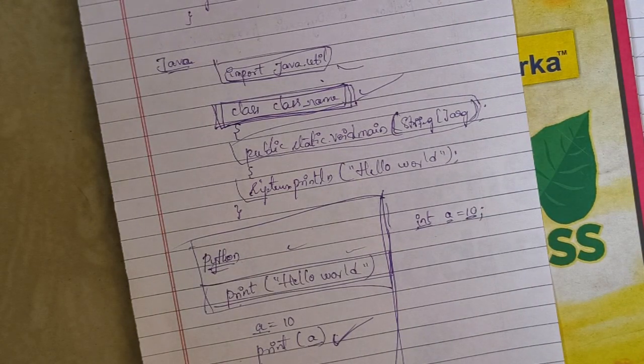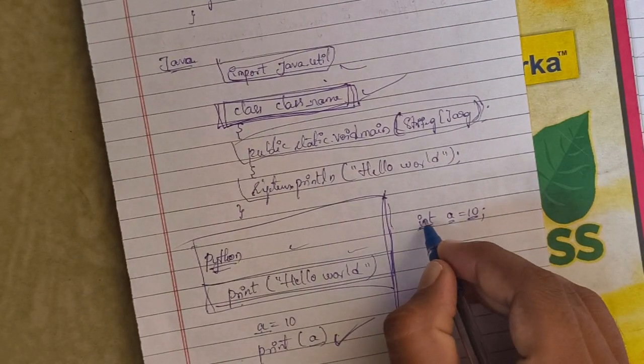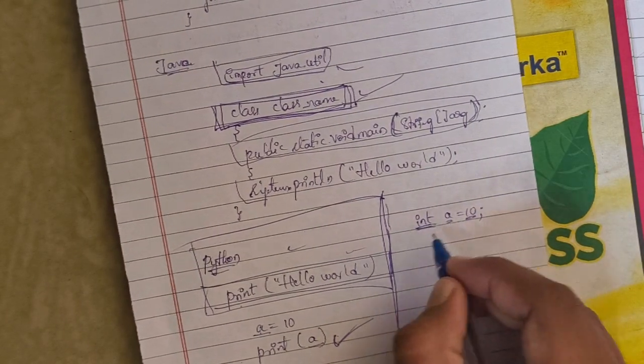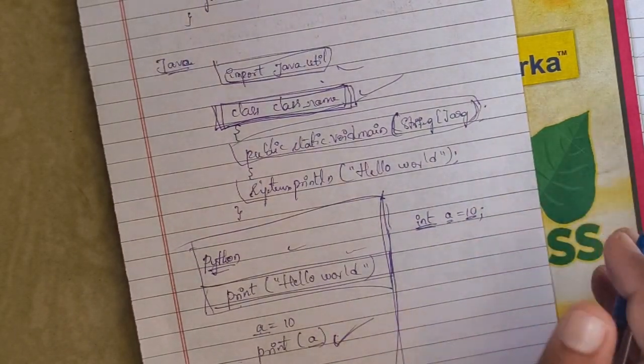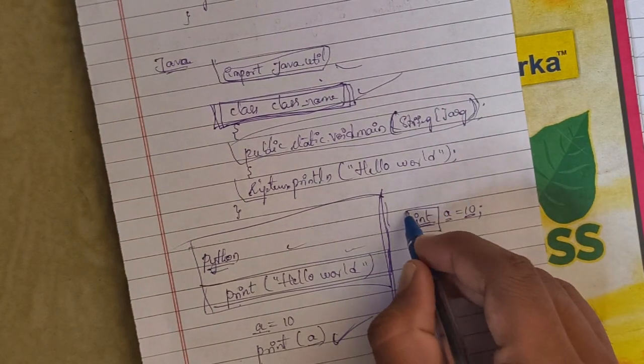Just give a equals 10 and the compiler will understand it simultaneously whether it is int, double or float. In C we mention it and it can't change.